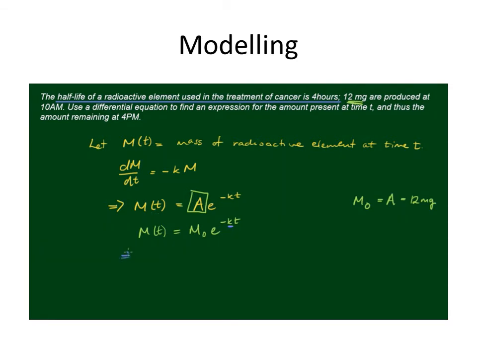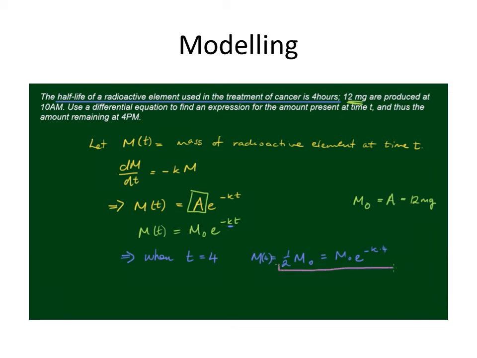This means that when t equals 4 hours, the mass remaining is equal to a half of M0. So the mass of the radioactive element remaining at 4 hours equals a half of M0, and that's equal to M0 times e to the negative 4k.